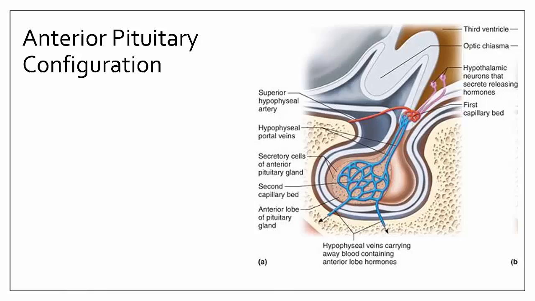Okay, let's start with the anterior pituitary. By definition, hormones are released into what? All hormones of any kind are released into the blood, okay? So there must be some blood going on here, and indeed there is. The anterior pituitary configuration is a little bit complicated because it involves 2 major steps, all right?